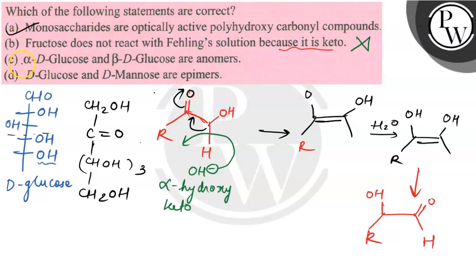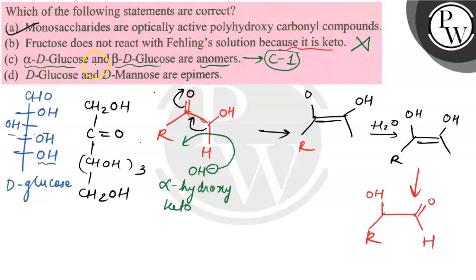Now option number C, it is said that alpha D glucose and beta D glucose are anomers. So yes, anomers, because what are anomers? Anomers are the compounds where the C1 carbon atom, that is the anomeric carbon, does not look the same, and all the other configuration will be the same except this C1 carbon.